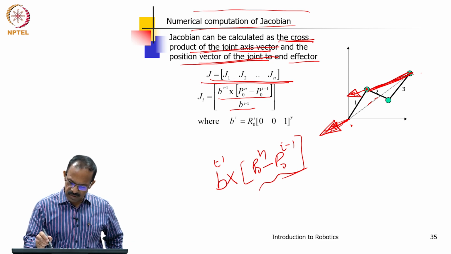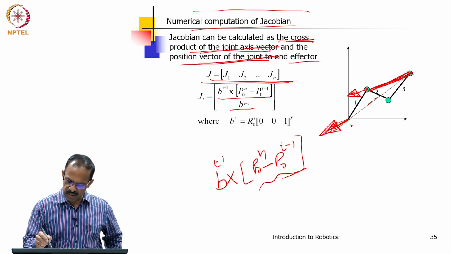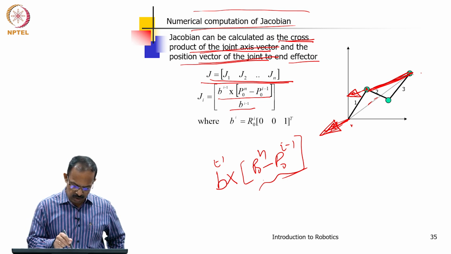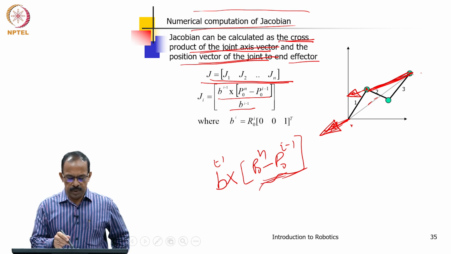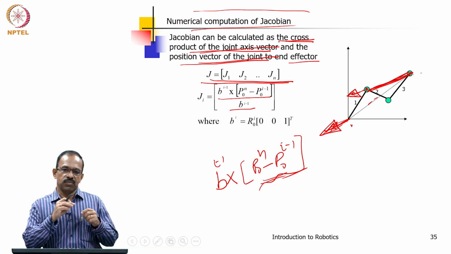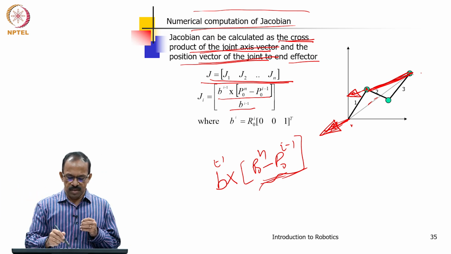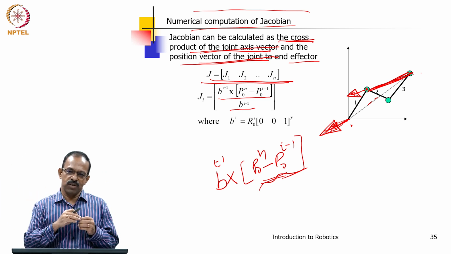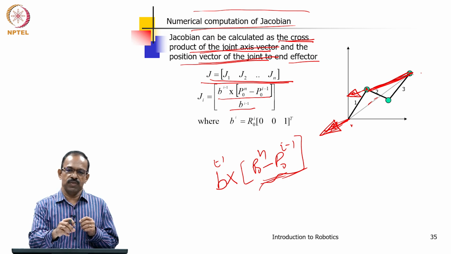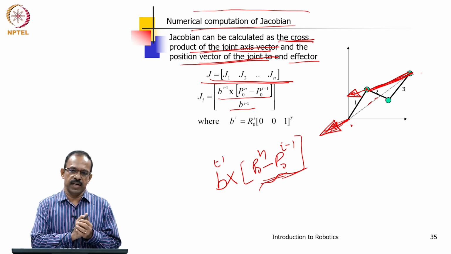So, from here to here, what is the position vector from this joint to this joint? It is given by this. p_n^0 is the position vector from the base to the tool tip, and p_{i-1}^0 is from the base to the joint for which we are calculating the velocity relationship.